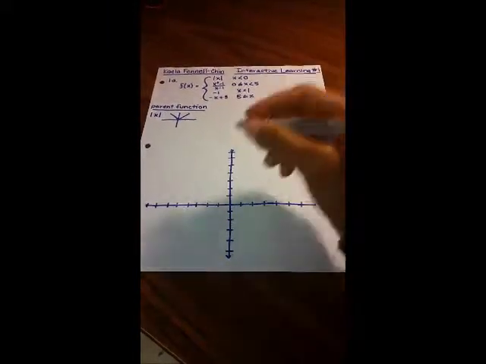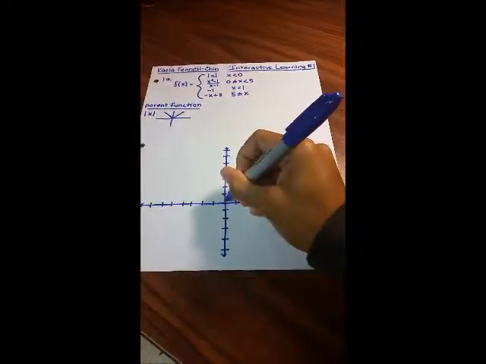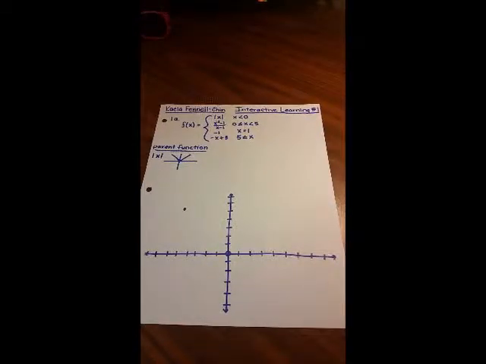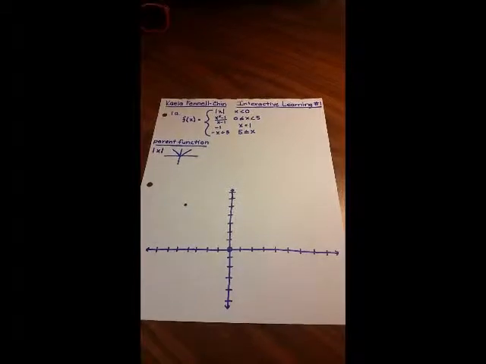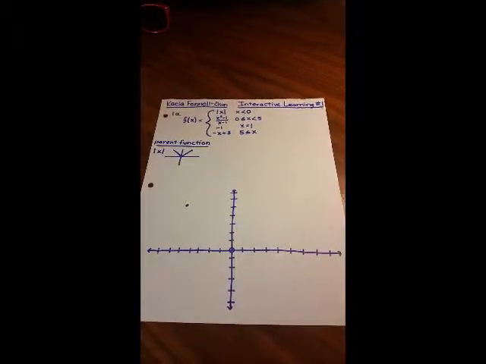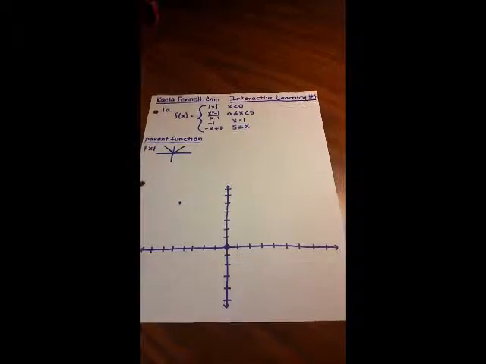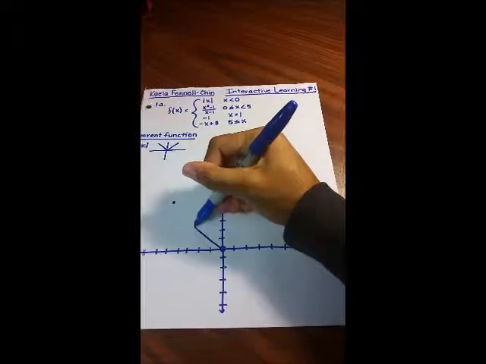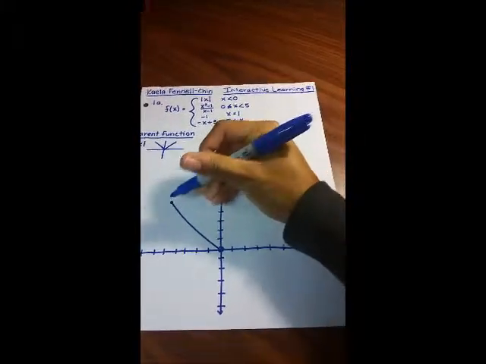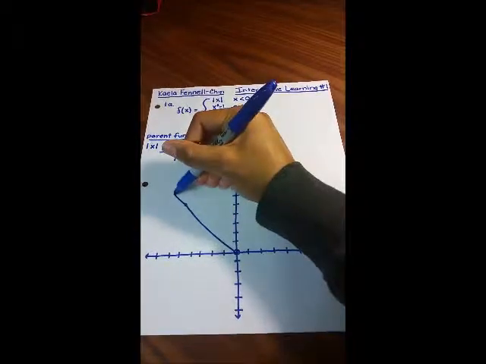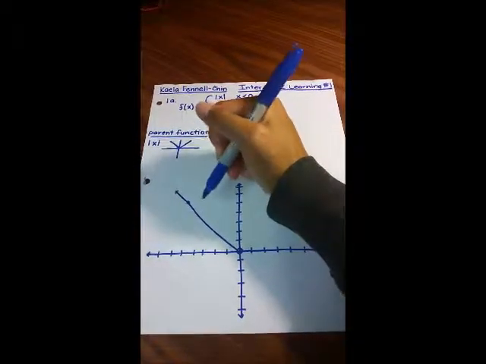So we can start by putting an open circle at the point 0. Now everything to the left of 0 is going to be defined by the absolute value of x function. So we can continue this line all the way up to this point, and it's going to keep on going all the way into infinity for that specific part of the graph.